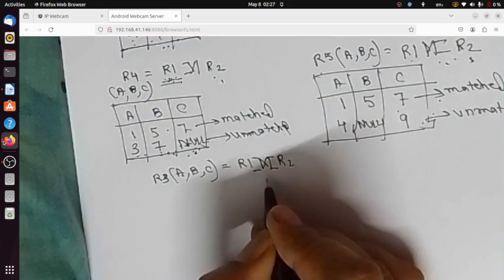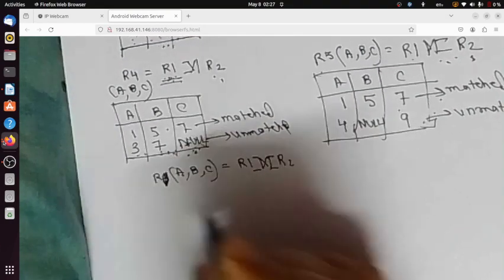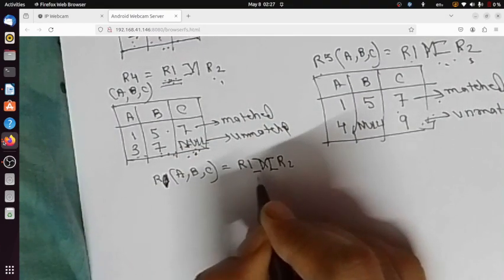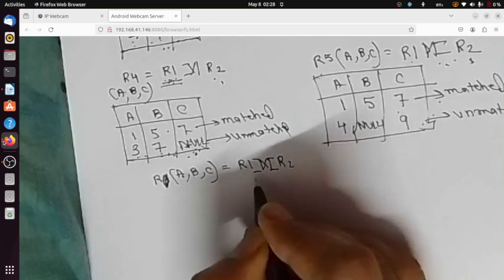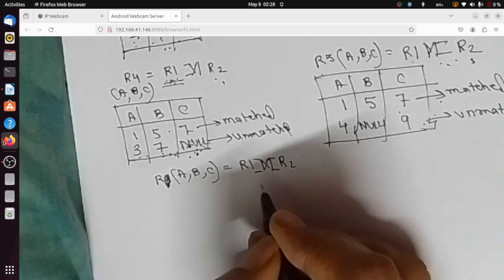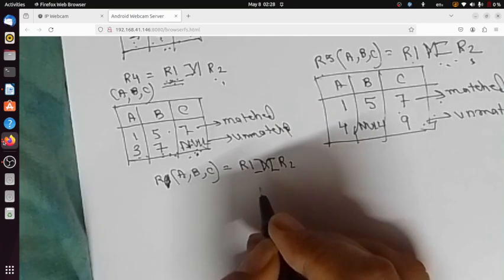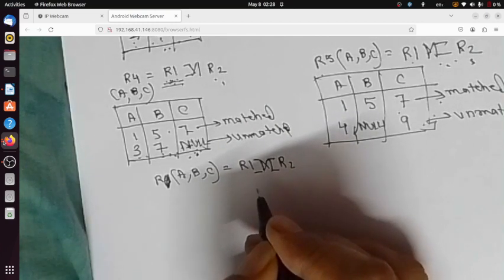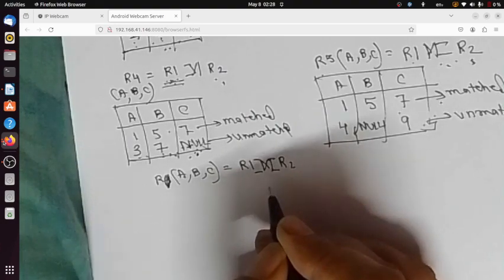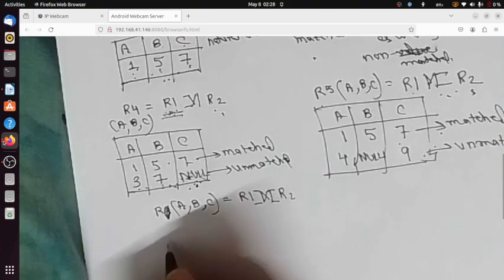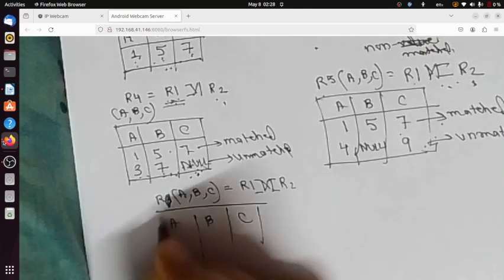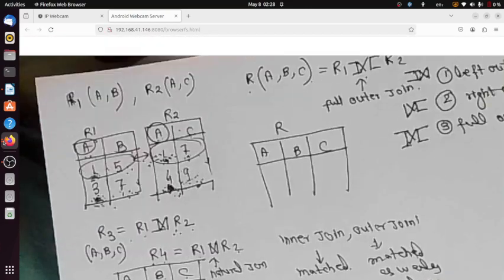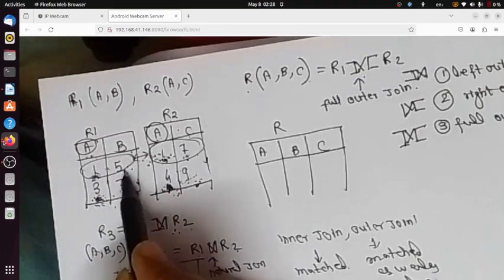So in this relation, the full outer join between R1 and R2, both the matched and non-matched records will come, and non-matched records will come from both relations, that is from both R1 and R2. So here if we draw the columns A, B, C, R1 and R2 we have already seen: 1, 5 and 1, 7.